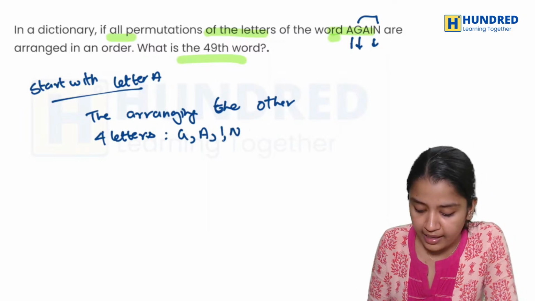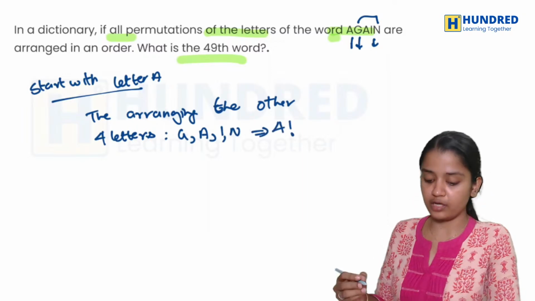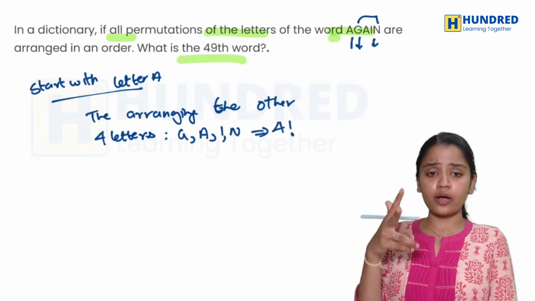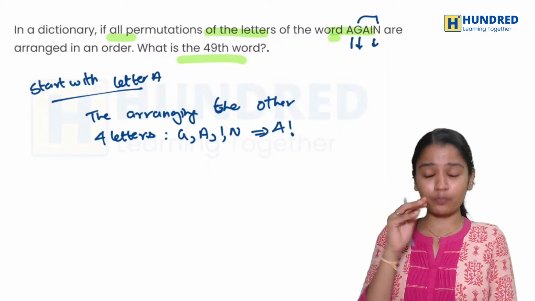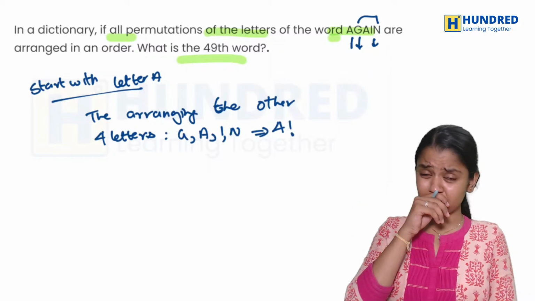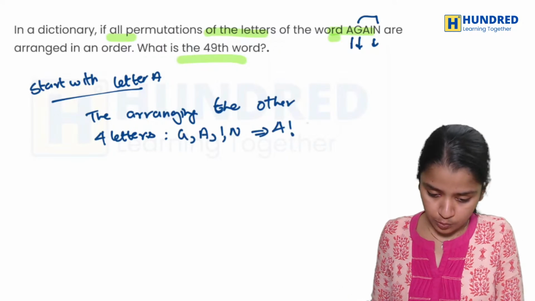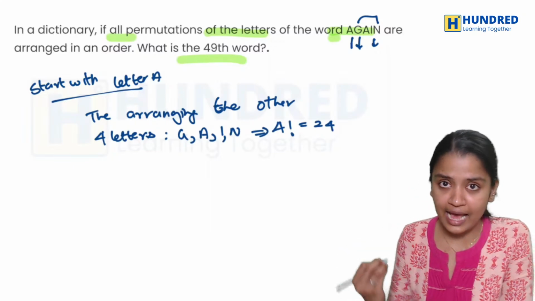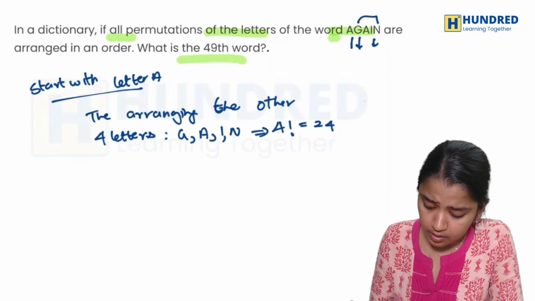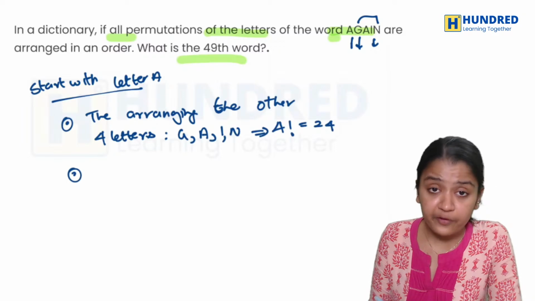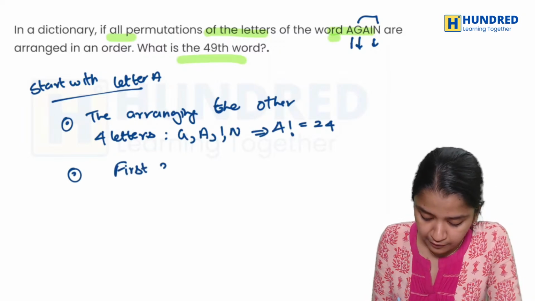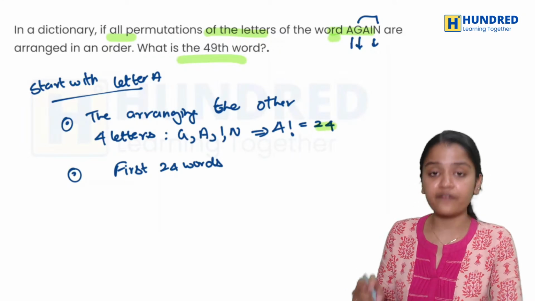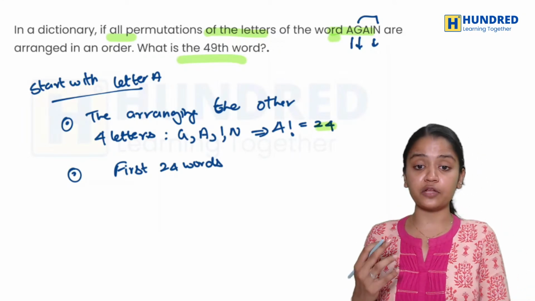G, A, I, N. So I can arrange that in 4 factorial ways. Either I can put N first, G first, A first. Generally if you're having 4 objects, the arrangement can be done in 4 factorial ways, which is 24. So these are my first 24 words.